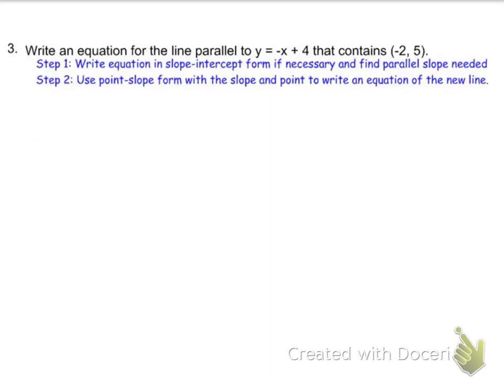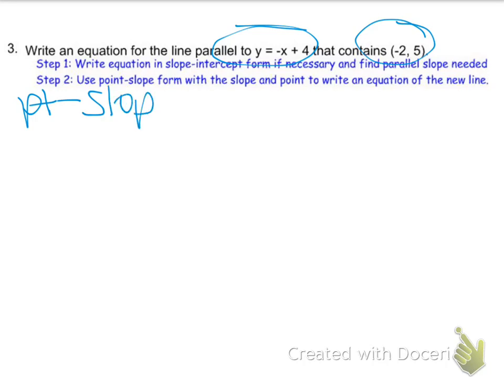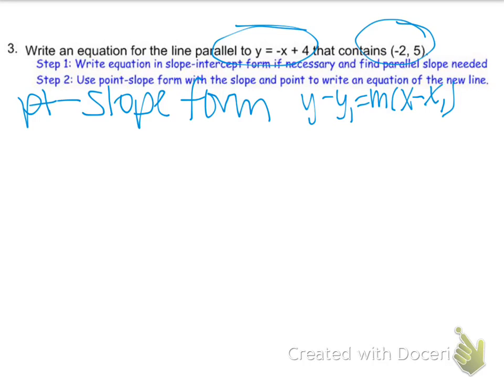Alright, now it says write the equation of a line parallel to this one that contains this point. Well, if I have a point and a slope, I want to use point-slope form. I know that my point-slope form is y minus y1 equals m times x minus x1. So I'm going to plug in. I know that my point is negative 2, 5. So y minus, well, my y value is 5, equals my m.